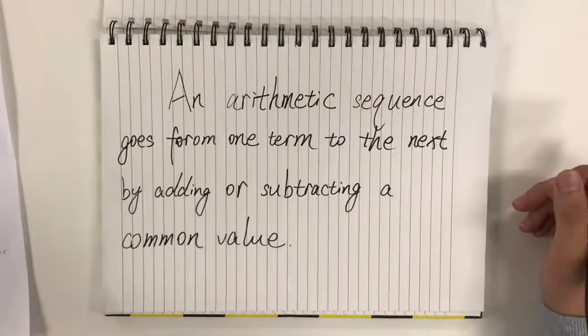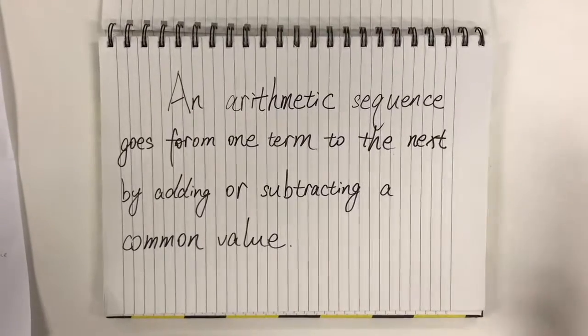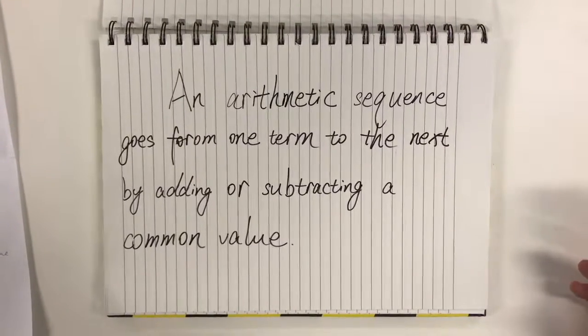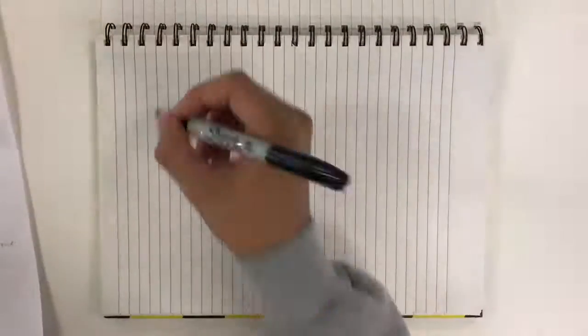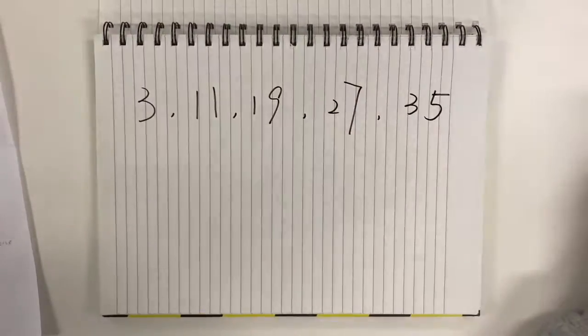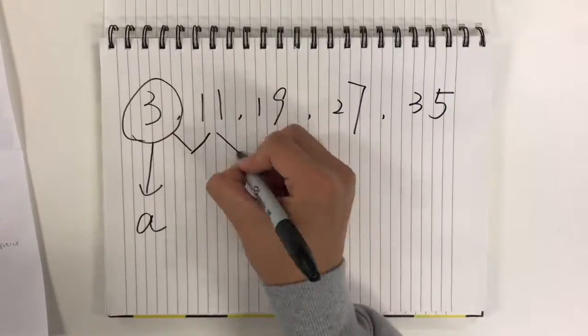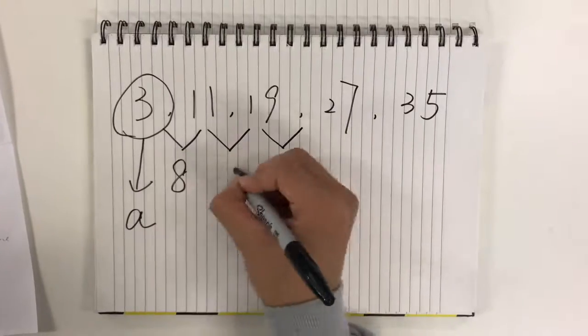First, an arithmetic series goes from one term to the next by adding or subtracting a common value. Here is an example: 3, 11, 19, 27, and 35. The first term, 3, we can call A, and we get the same difference between each number, which is 8.